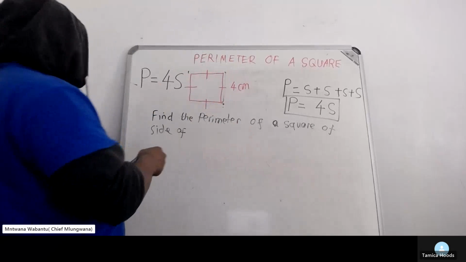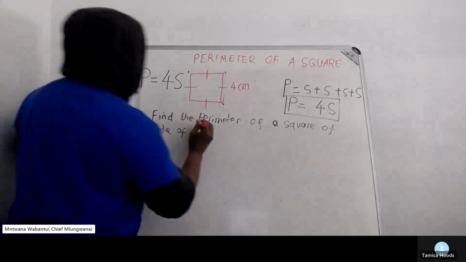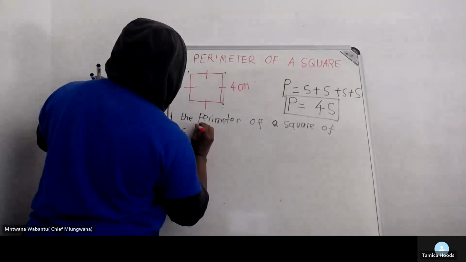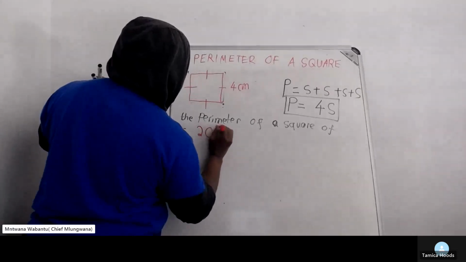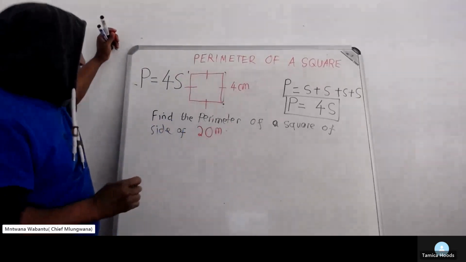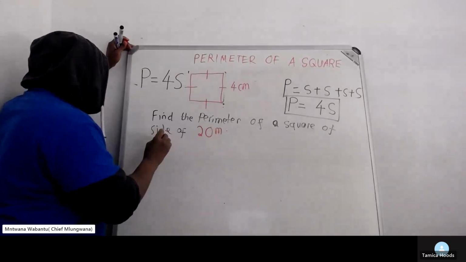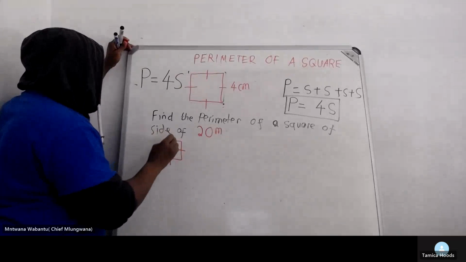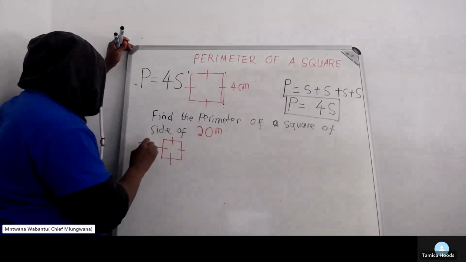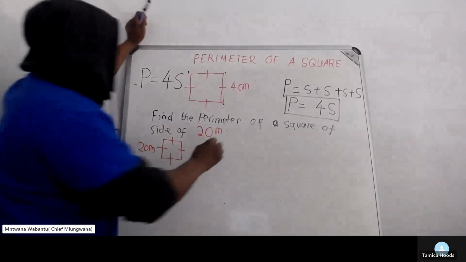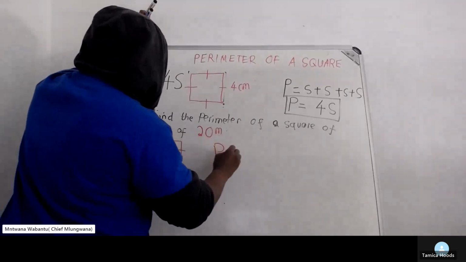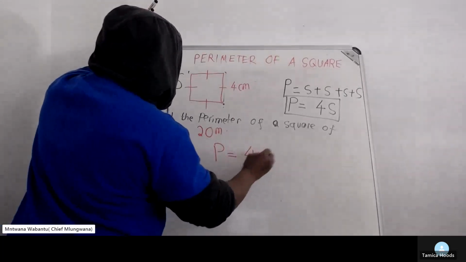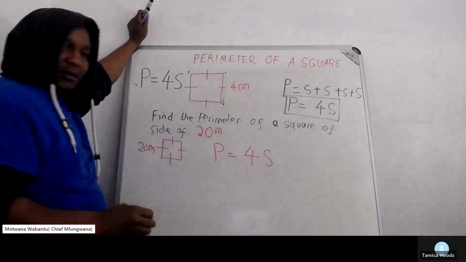Find the perimeter of a square of a side of, let's say, 20 meters. Each side is 20 meters, and they say find the perimeter. So I know my perimeter of a square equals 4 times side.